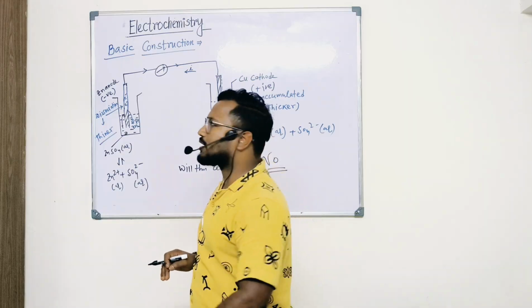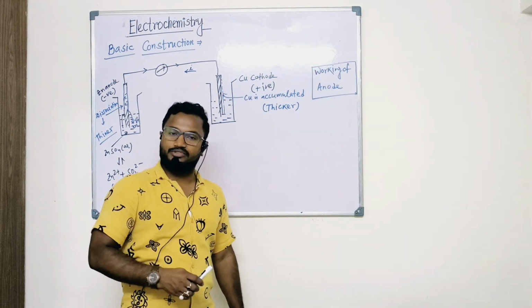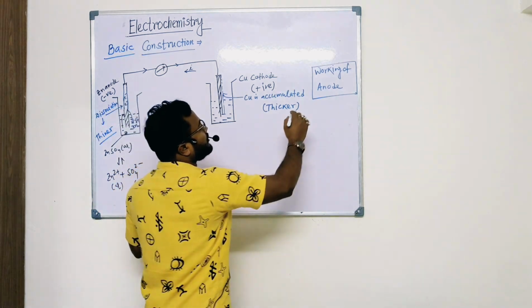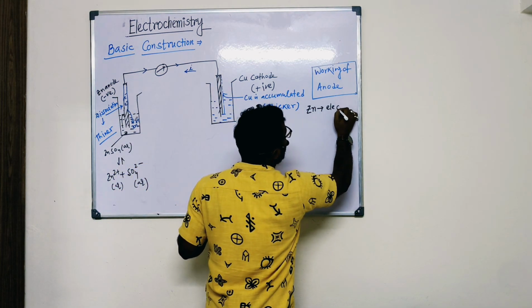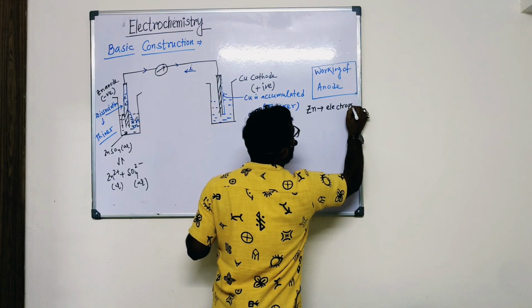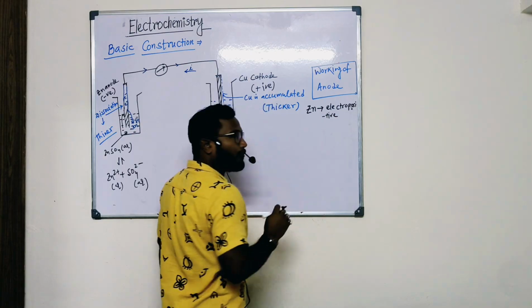Let's discuss the working of the cell. How the anode is going to work in this system, we are going to check that. We know that zinc is electropositive in nature. Zinc is more electropositive than copper.